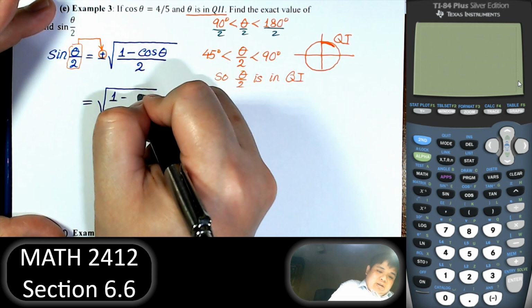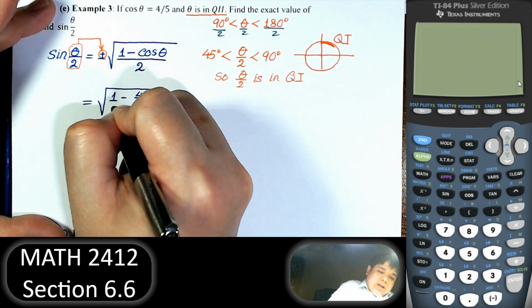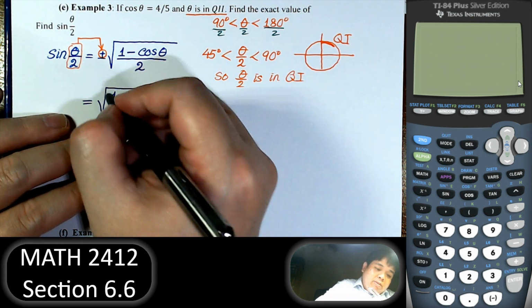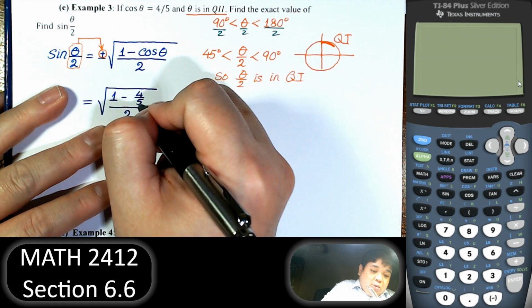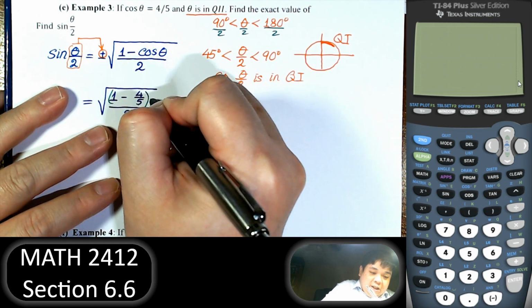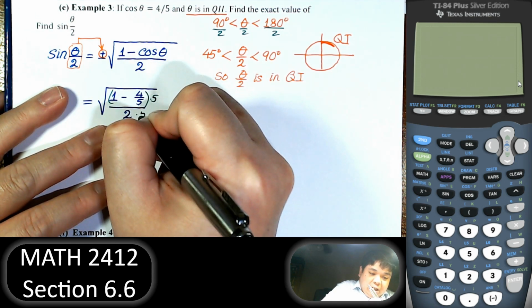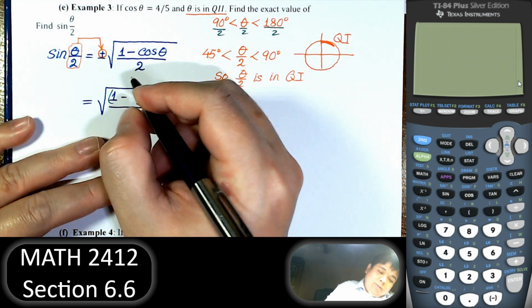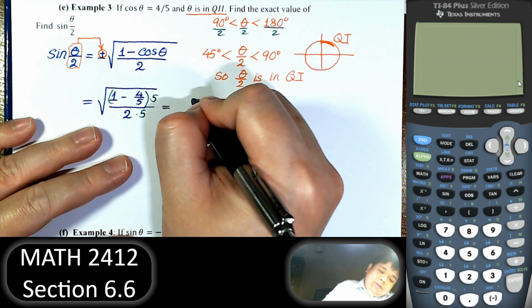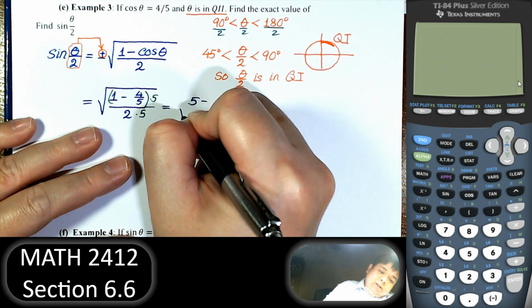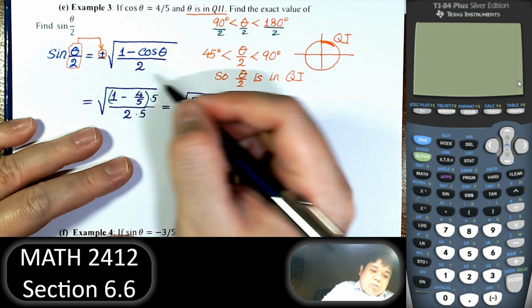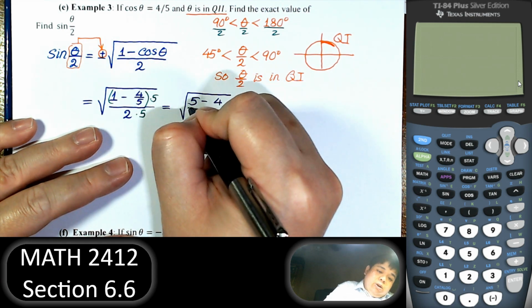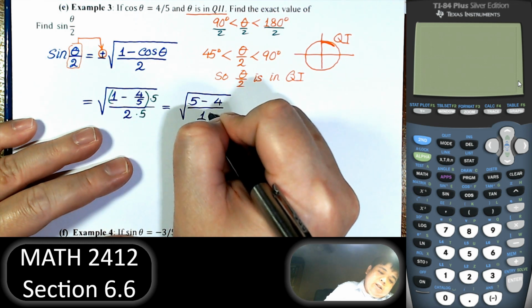1 minus 4/5, divided by 2. Usually we will multiply 2 on the top and bottom, but not on this one. We try to cancel the 5 here, so multiply 5 on the top and 5 at the bottom. That gives us 5 times 1 is 5, and the 5s cancel out. 5 minus 4 over 10.